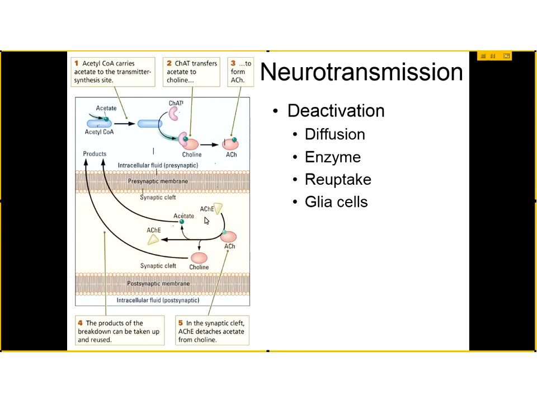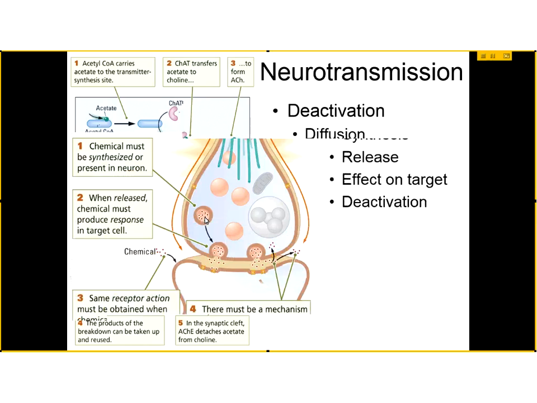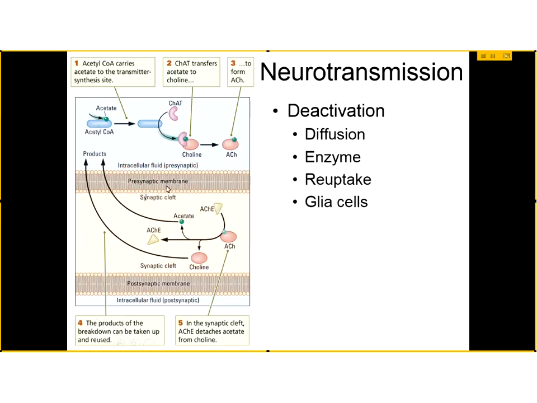Another way that we can influence or change this function is reuptake. And I don't think I have a graph of that. But just as we have sodium-potassium pumps that work to keep a higher concentration of sodium outside of the neuron and a higher concentration of potassium inside of the neuron, we can actually have pumps that will actively transport dopamine, for example, or other neurotransmitters presynaptically.